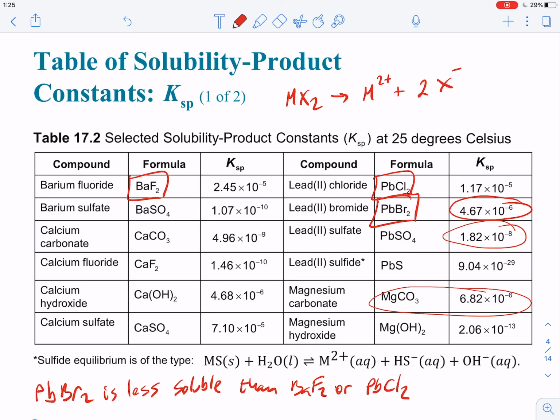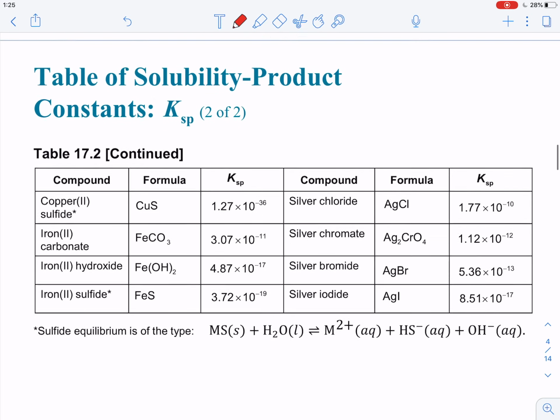So you have to be careful here. Remember, if the stoichiometry is the same, you can make direct comparisons. If the stoichiometry is not the same, then you have to do something else to be able to compare.